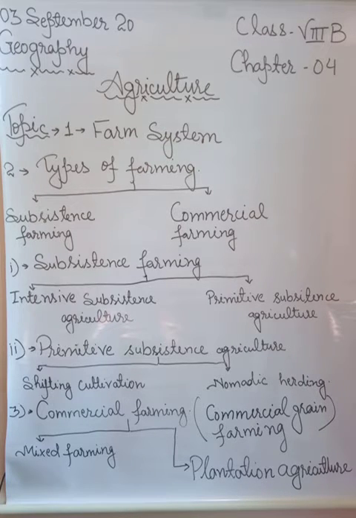Okay? And students, shifting cultivation is also known by different names in different parts of the world, like Jhuming in Northeast India, Milpa in Mexico, Roca in Brazil and Ladang in Malaysia.